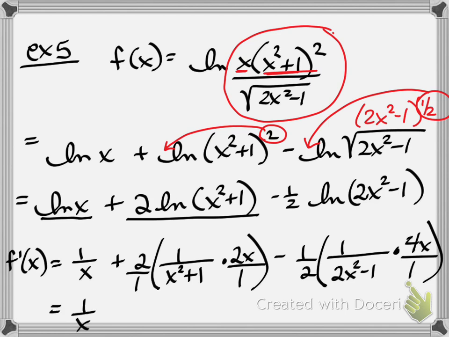So it's 1 over x plus numerator, numerator, numerator, 4x over x squared plus 1 minus 4x over 2 times x squared minus 1, or 4x squared minus 2. We could get a common denominator, but I think they are not making us do that.